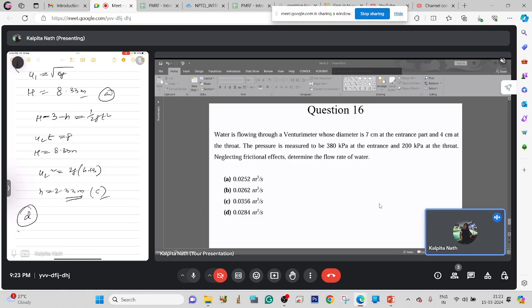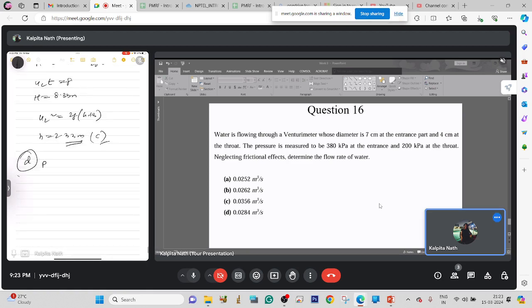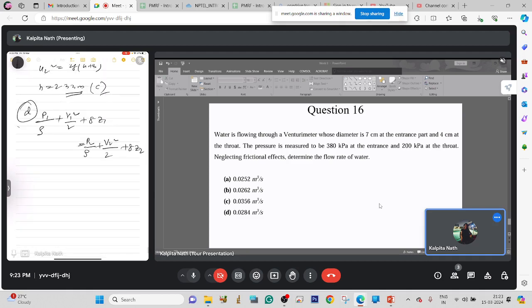Okay, so let's solve this last question. First of all, apply Bernoulli's theorem between the entrance and the throat: P1 by rho plus V1 square by 2 plus g Z1 is equal to P2 by rho plus V2 square by 2 plus g Z2. A1 V1 is equal to A2 V2, so V2 is equal to 49 by 16 V1, and Z1 is equal to Z2.